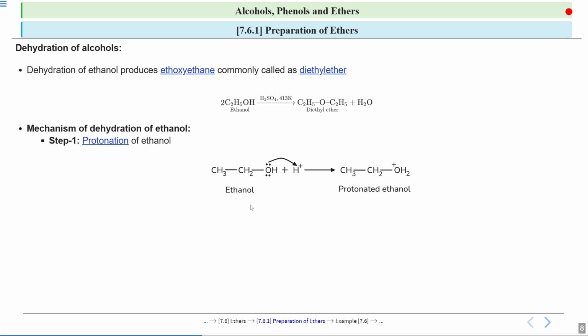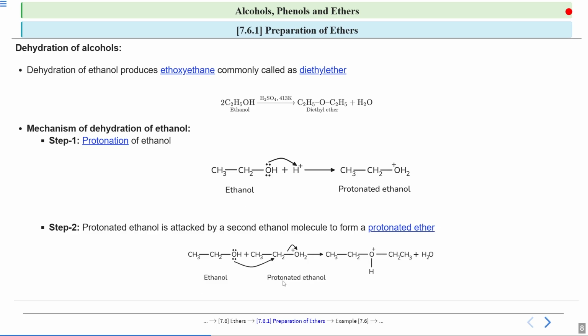The second step is that your protonated ethanol is attacked by the second ethanol molecule to form a protonated ether. Look here, this is your protonated ethanol which we got from step 1, CH3CH2OH2 with a positive charge on oxygen. Now this oxygen never likes the positive charge because it is an electronegative atom, so it always wants to leave if it has a positive charge.